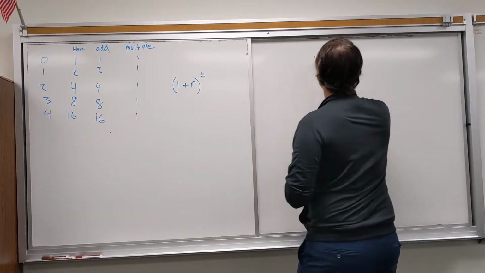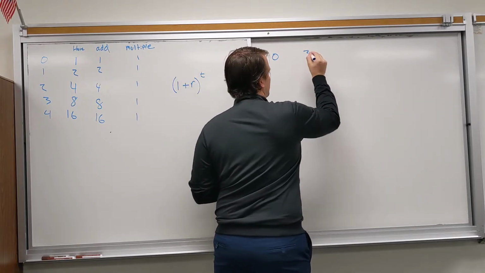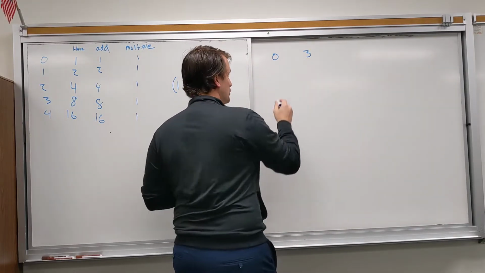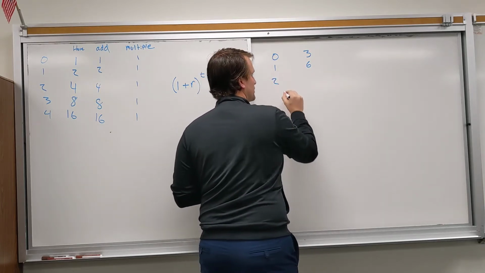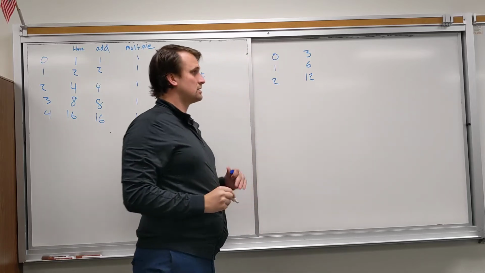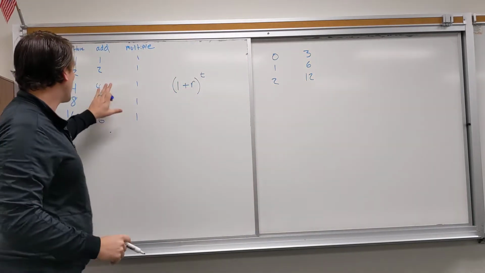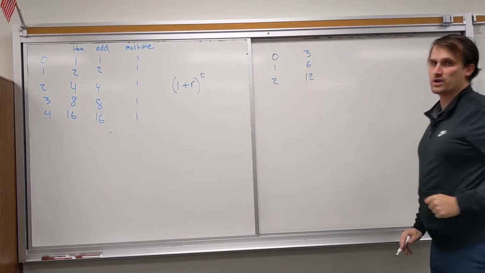We're going to start with 3 now. So on day 0, we have 3. On day 1, we're going to double that 3, so we've got 6. On day 2, we're going to double that 6, so we have 12. All right? Just the same doubling problem like we had over here. We're just starting with a different number.